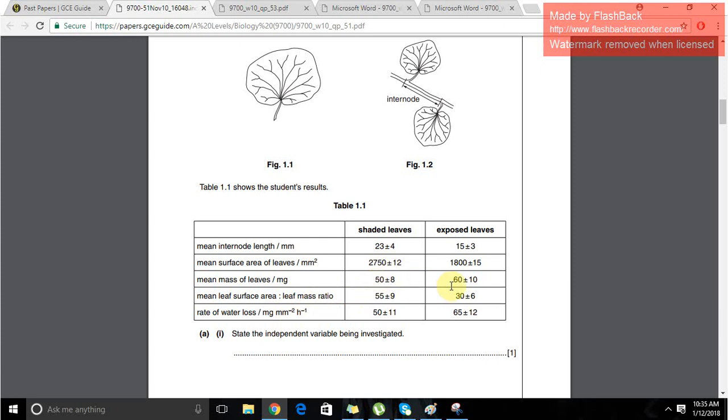Now this is interesting. You'd note that mean internodal length is larger, mean surface area is larger for the shaded compared to the exposed, but when we come on to the mean mass, the mean mass appears to be smaller for the shaded leaves compared to the exposed.